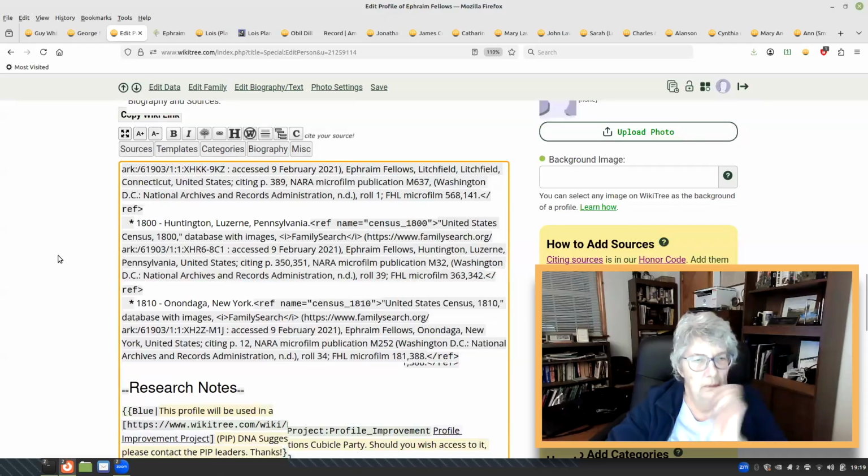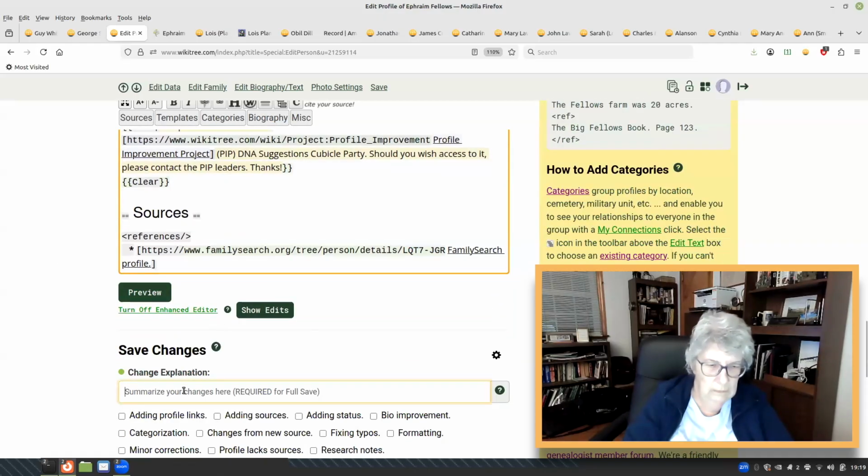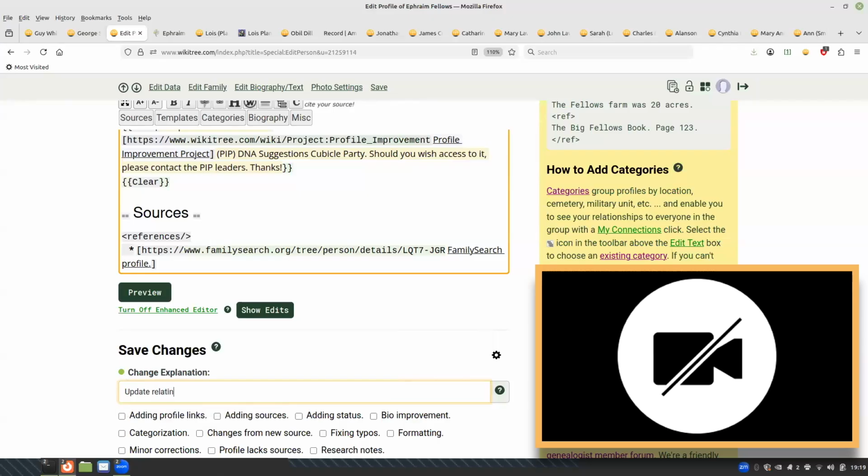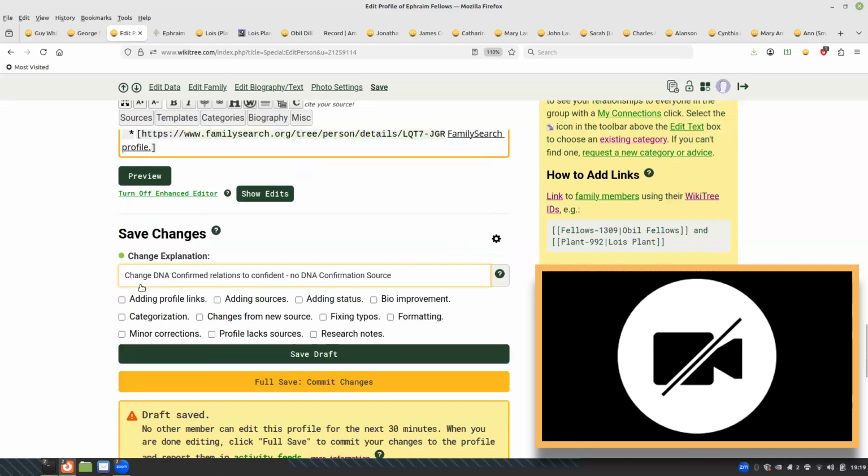Okay, so what do we want to say here? I usually say changed parental relationship to confident because of missing DNA confirmation. Statement or citation or whatever. Yeah.